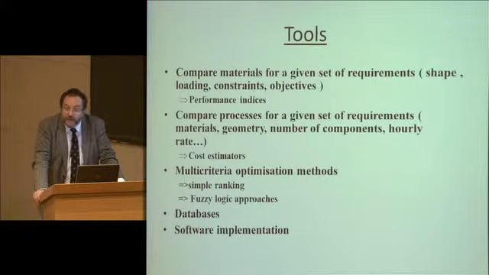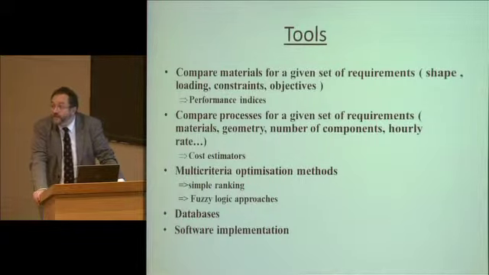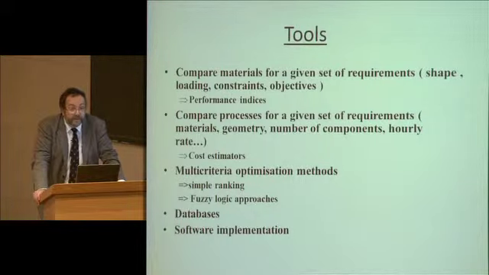Another important problem is multi-criteria optimization methods. I'll tell you a little bit about this. There are systematic methodologies. Another tool you need is databases that can be in the public domain, such as the Cambridge software, or they can be from the private sector.